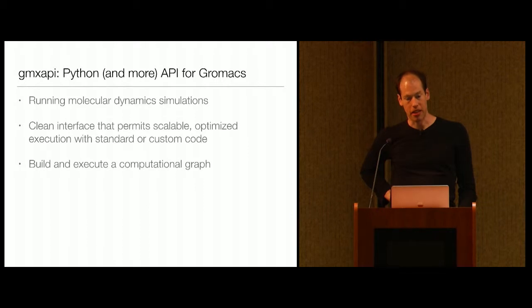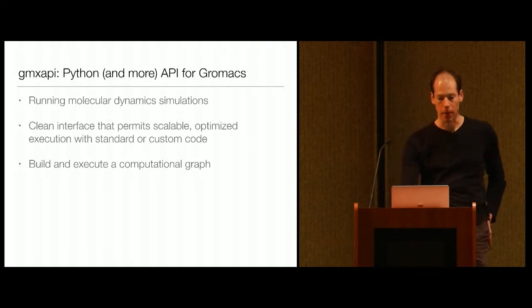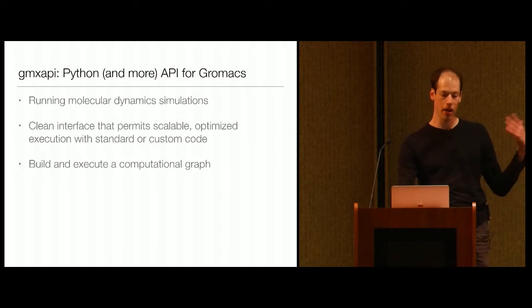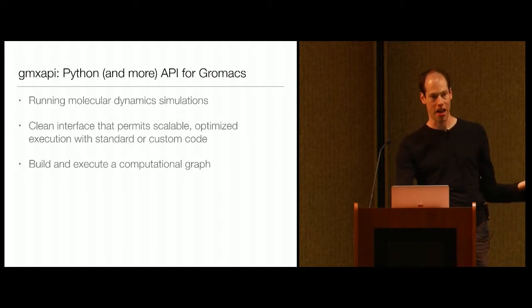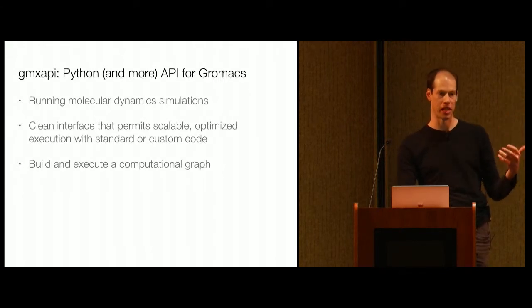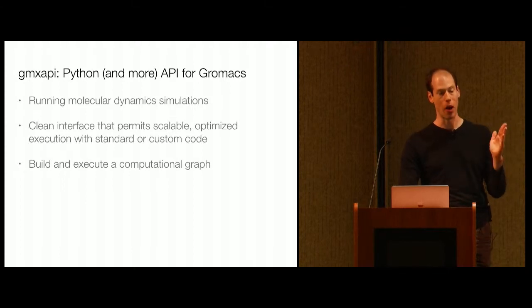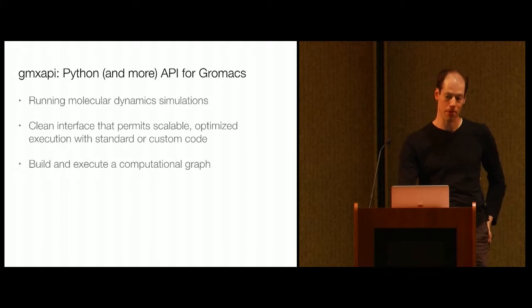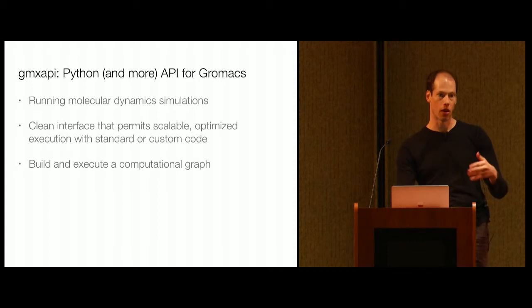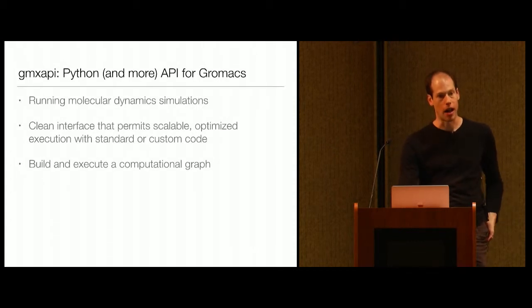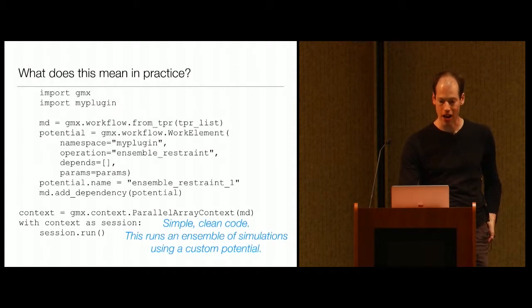The key features are, initially, being able to run MD simulations, of course; to have a clean interface rather than just taking an MD code and exposing all the library calls, a well-designed application programming interface to permit scalable and optimized execution with either standard MD code or custom user code; and then this computational graph abstraction.